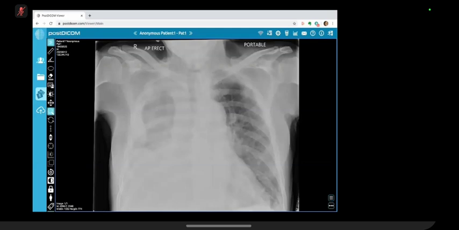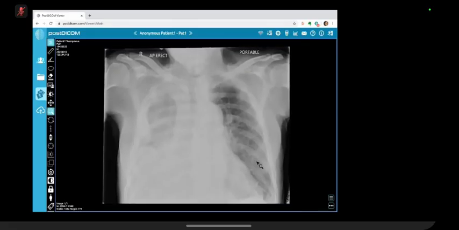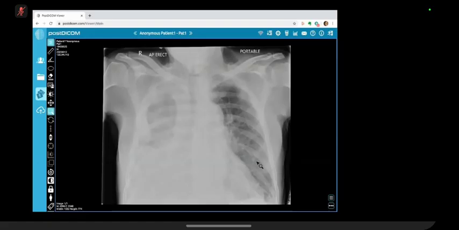I don't see any abnormality in the left hemithorax. There are probably some patchy areas, maybe some upper zone divergence on the left side, but no focal lesions, and potentially slight obscuration of the left costophrenic angle as well, which might suggest some atelectasis or pleural fluid on that side.